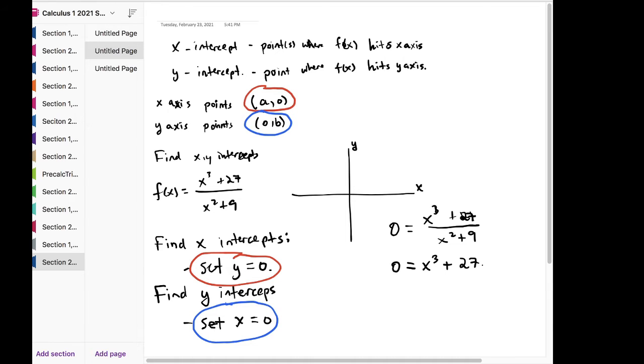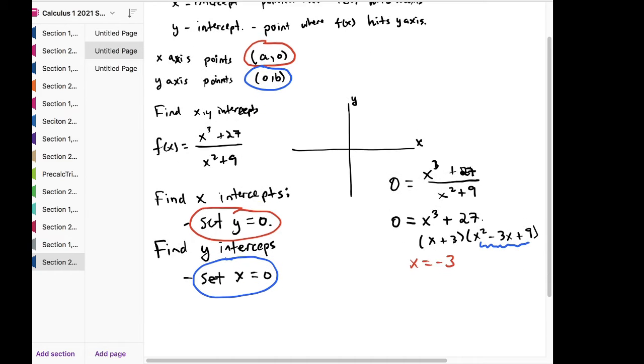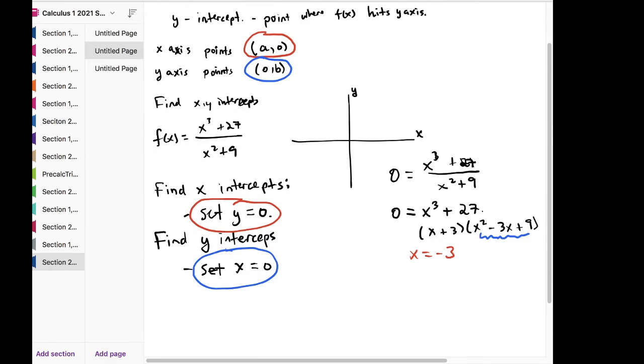And the answer there is -3. So x equals -3. And the denominator has no roots, so that doesn't matter. So the x-intercept in this case is (-3, 0).